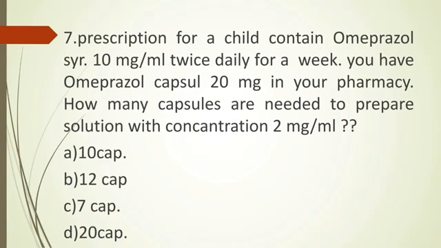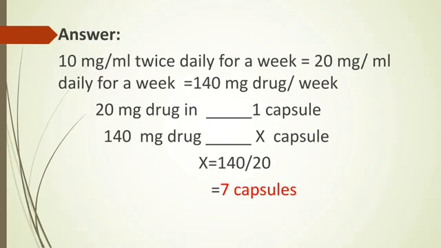So one day the dose will be 10 into 2 times, that's equal to 20 mg daily. This has to be continued for a week, and in a week there are 7 days. So one day 20 mg, for 1 week 20 into 7, that's equal to 140 mg drug required for 1 week.